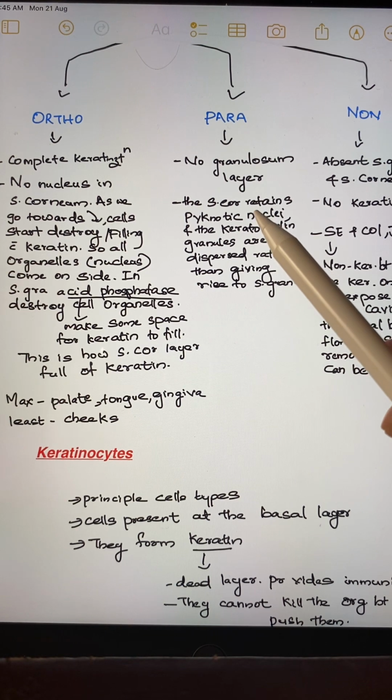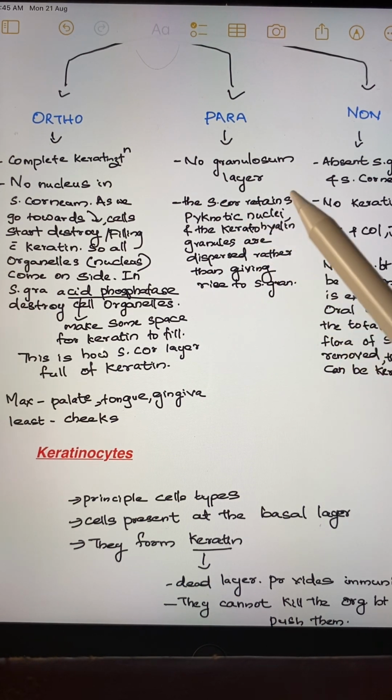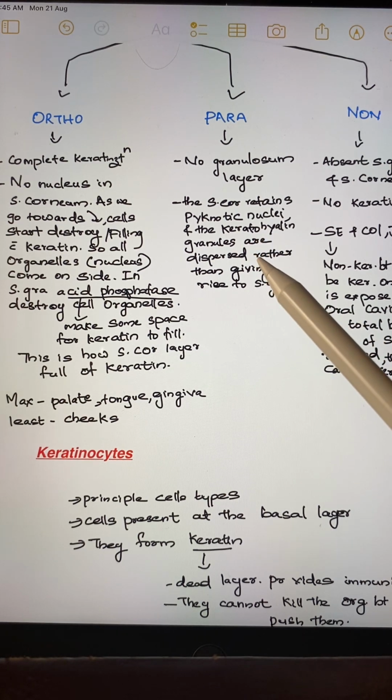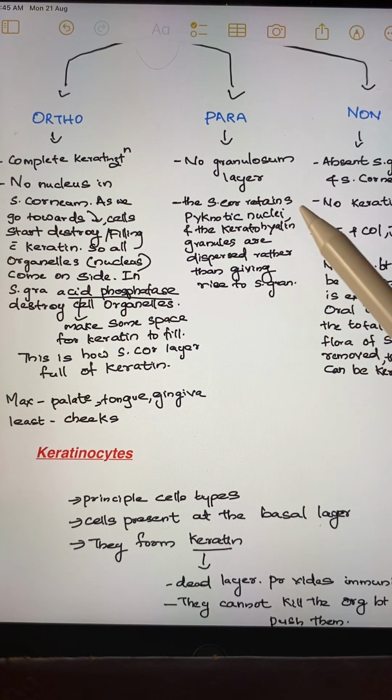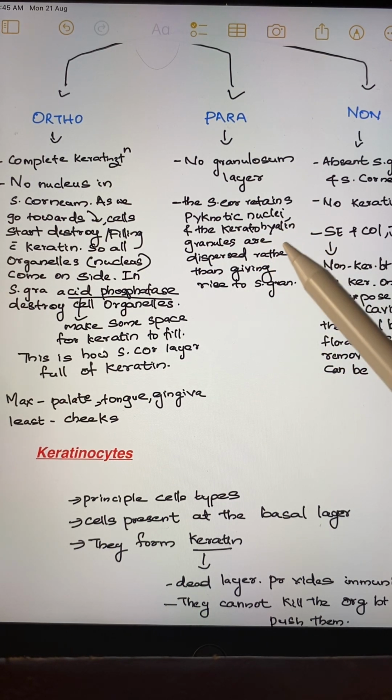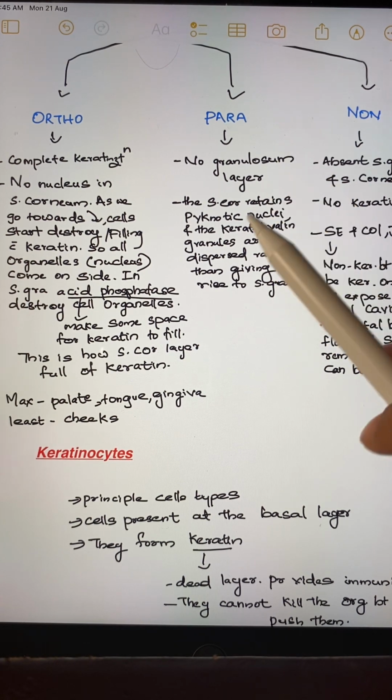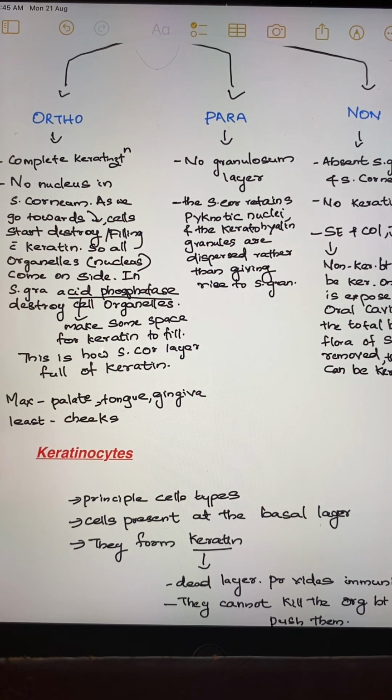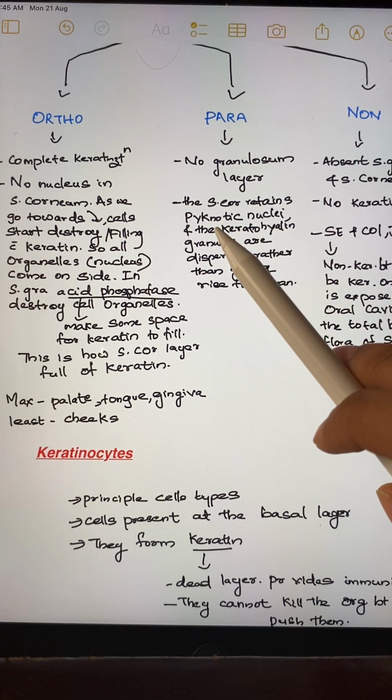So in the stratum corneum, you can see these pycnotic nuclei, and the keratohyalin granules are dispersed rather than giving rise to a stratum granulosum. So this is parakeratinization. Then what is non-keratinization? Here there is complete absence of stratum granulosum and stratum corneum.